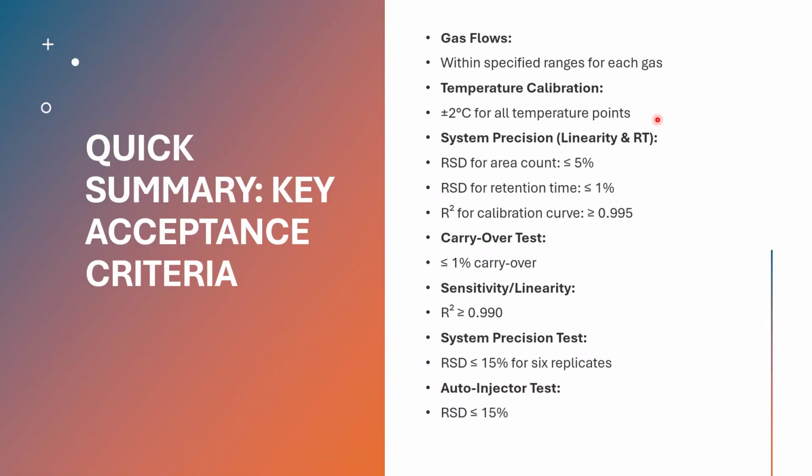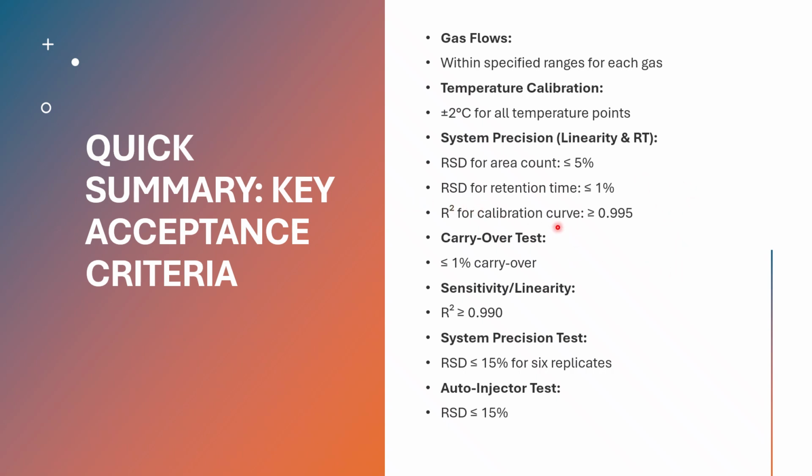So let me give you a quick recap of all the critical acceptance criteria. For gas flow, it should be within specified ranges for each gas. Temperature calibration is plus minus 2 degrees Celsius for all temperature points. In system precision, we check for linearity and RT. The RSD for area count should be less than or equal to 5%. RSD for retention time should be less than or equal to 1%.